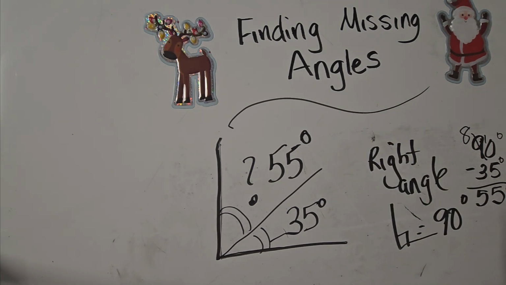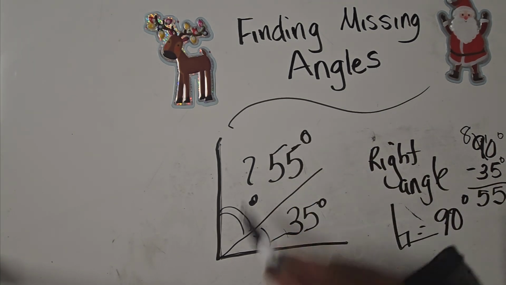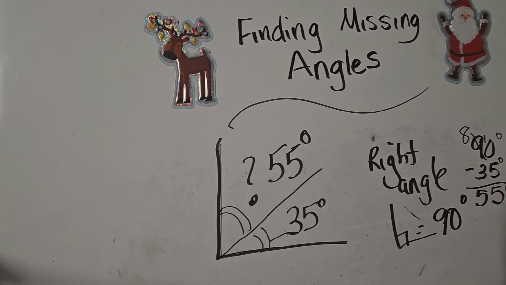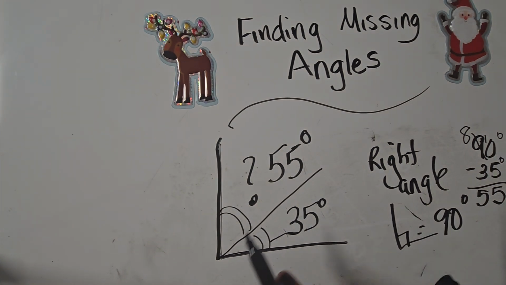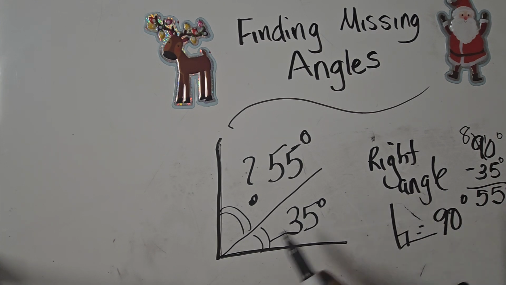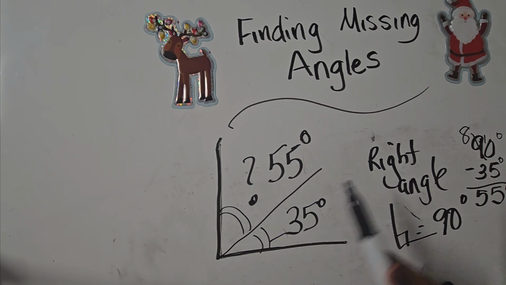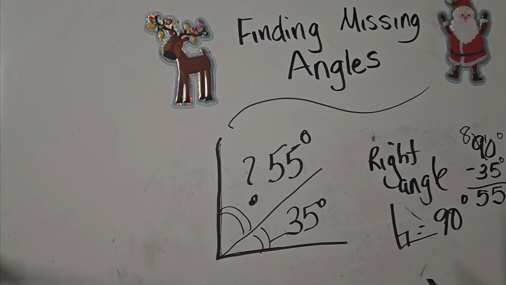Okay? First, you identify the angle. 2, after you identify the angle, you identify how much the angle is worth. And then you figure out your missing piece. We'll try one more.